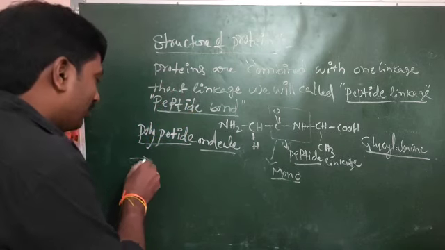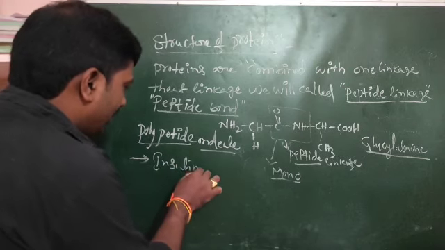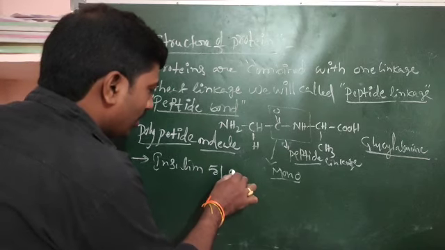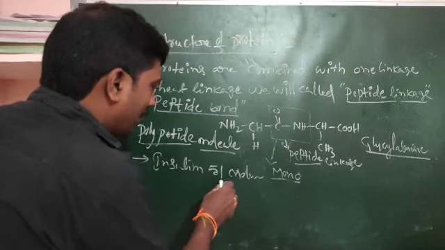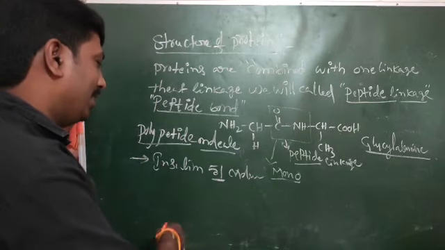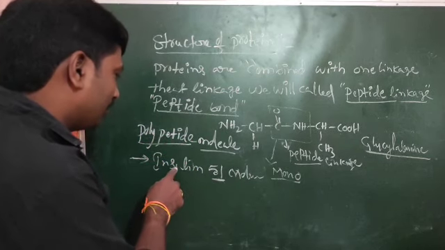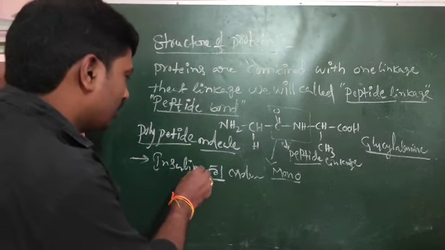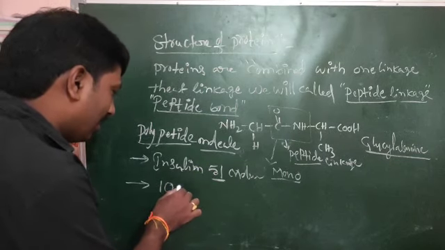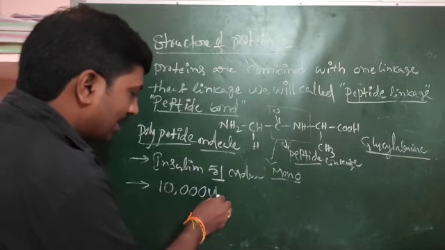An example of this is insulin, having 51 amino acids, 51 monomers combined to form a polypeptide molecule. The mass of a polypeptide molecule is minimum 10,000 unified mass units, or AMU.